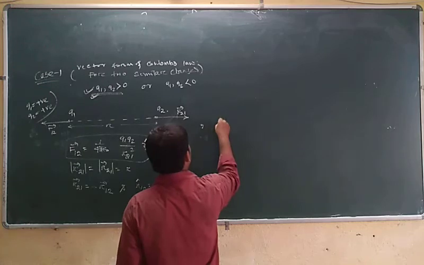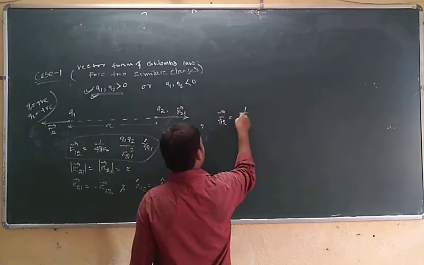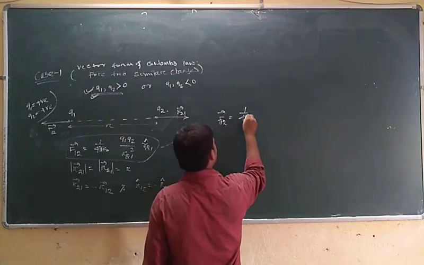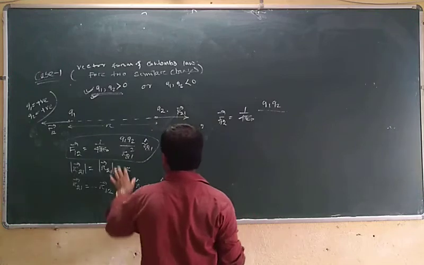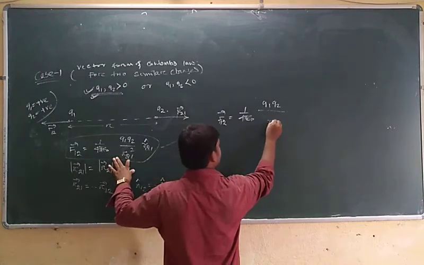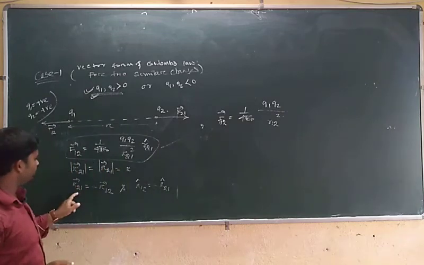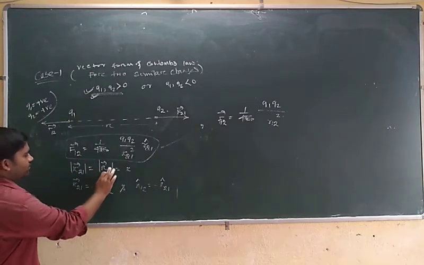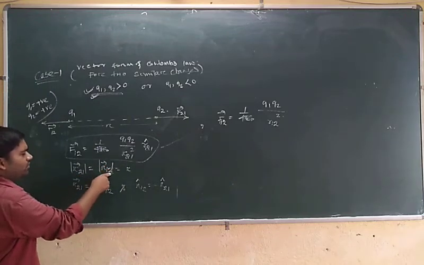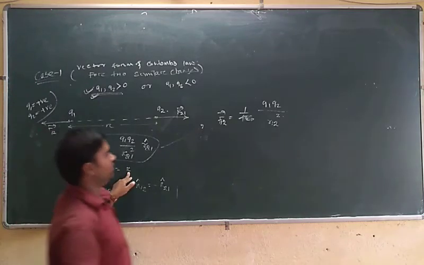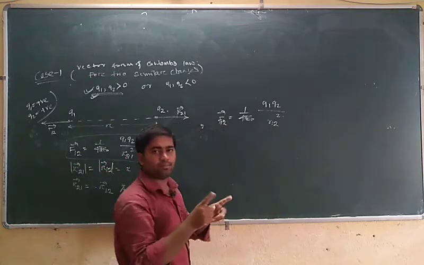we can write this expression as F12 vector equals 1 by 4 pi epsilon naught, this one is a constant factor, Q1 Q2 divided by R21, which can be written as R12 square, because the R21 magnitude equals the R12 magnitude equals R. So we can convert R21 to R12 as it is in magnitude format.